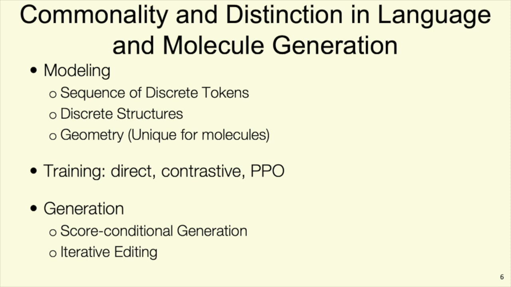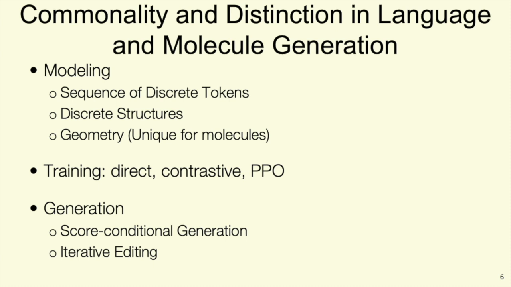So there are actually three perspectives we can think about in terms of molecule design. So I give you some quick summary here. In terms of modeling, how we model the language, and how we model the molecules, there are a lot of similarities. Of course, there are also some differences, which I will also talk about.